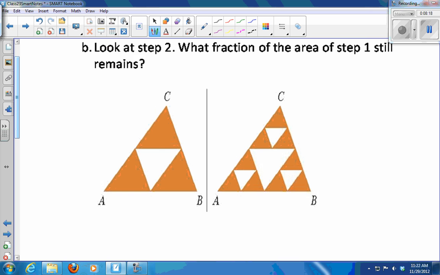What fraction at step 2 still remains from step 1? Three-fourths, yeah. So I have 1, 2, 3, 4, 5, 6, 7, 8, 9, 10, 11, 12. I started with 12 little orange triangles, and then I threw away 1, 2, 3 of them. So I kept 9, and that's 3/4.